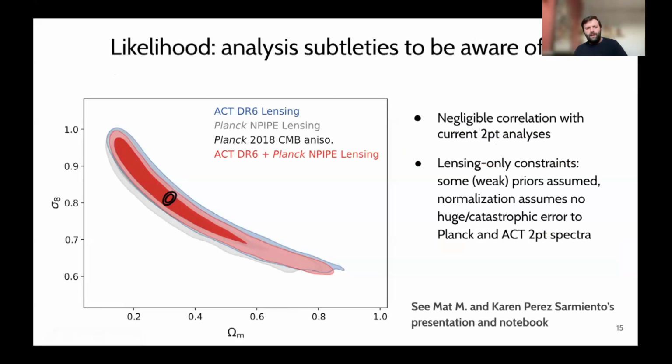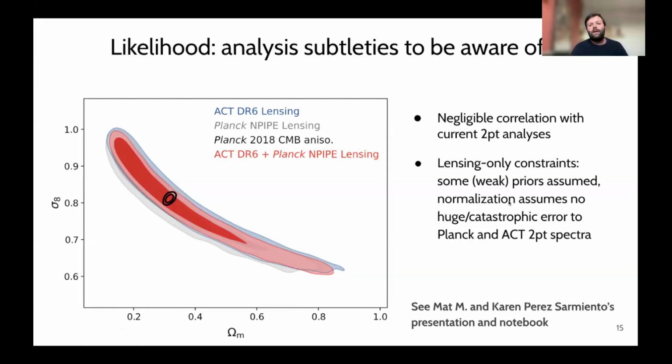Now, this likelihood, of course, is public. There are some subtleties that you should be aware of if you want to reproduce these sorts of plots or use this likelihood for your own purposes. One thing that you should be aware of is that if you're running lensing-only constraints, there are some assumptions that go into these lensing-only constraints. For example, some priors that are assumed, but these are generally quite conservative and weak and safe to use.